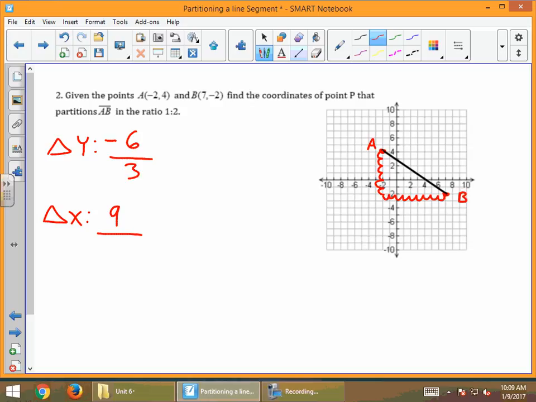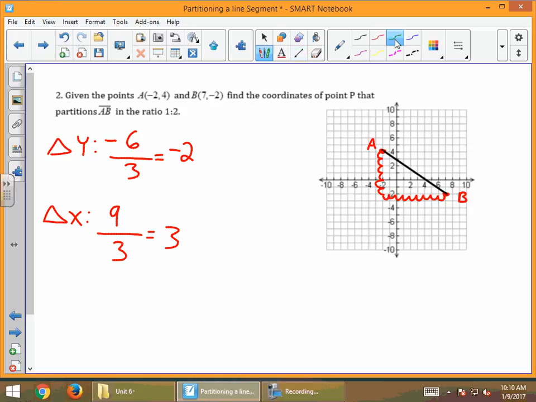It's 3. This guy's 3. Divide them out, and this will be my new change that I will add to each of my points. Always reduce this. -6 over 3 reduces to -2. 9 over 3 reduces to 3. So my new change in y is -2, and my new change in x is 3.